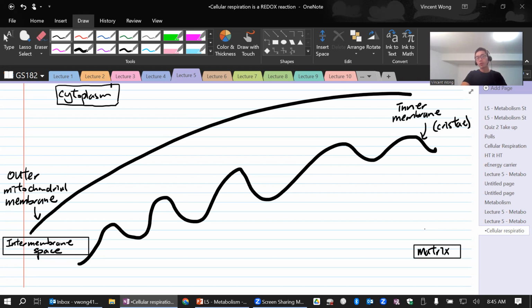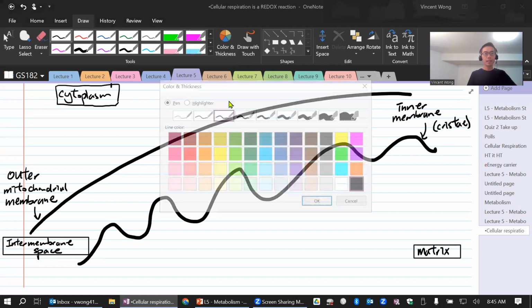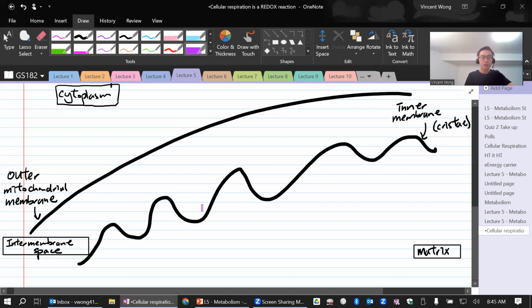Any question about the picture? Do you know what we are looking at here? Just zooming in into the mitochondria. So where is the ETC? Well, the ETC is actually a series of proteins that are embedded in the cristae.